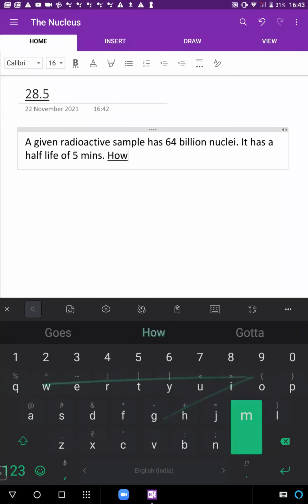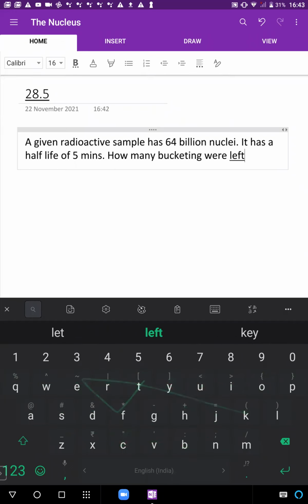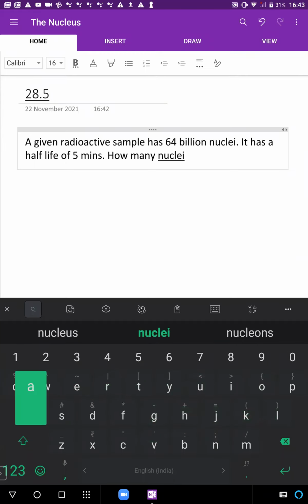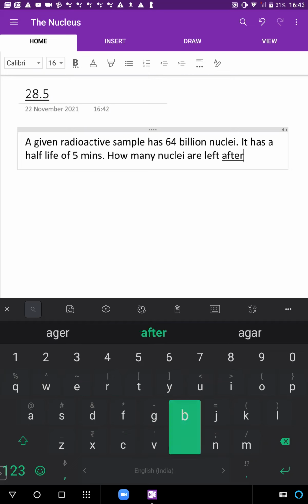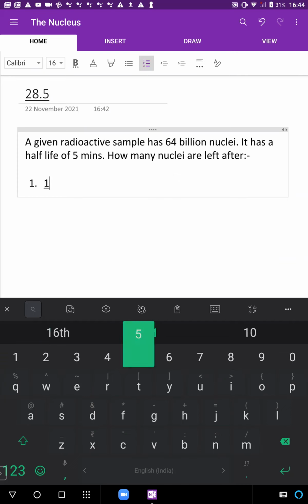How many nuclei are left after 15 minutes?